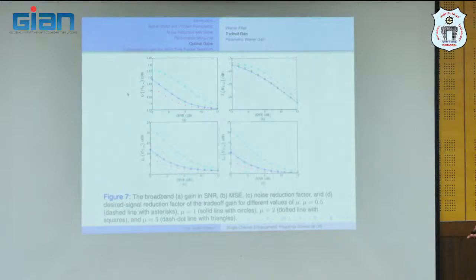The distortion, we pay for that, so the distortion also increases. What happens with the mean squared error? The mean squared error is minimal when mu equals 1, because when mu equals 1, we have the Wiener filter, or the Wiener gain. So you see the blue line is the lower line.